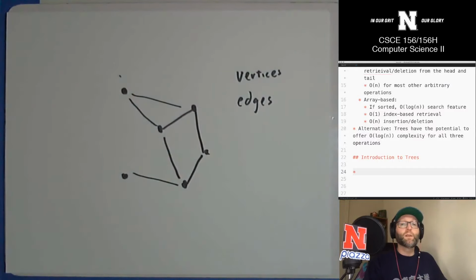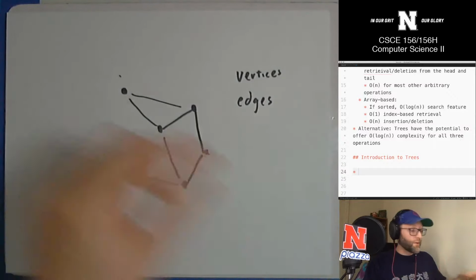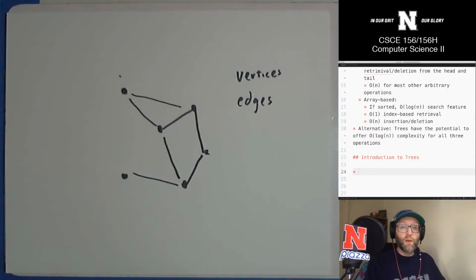You've also hopefully seen them and maybe are using them with respect to your class designs, because a UML diagram, a universal modeling language diagram, has classes as the vertices, and then relationships between them are represented through various arrows.